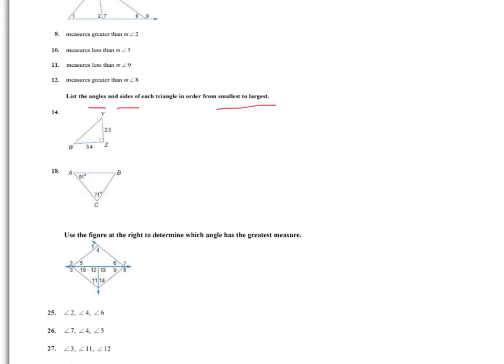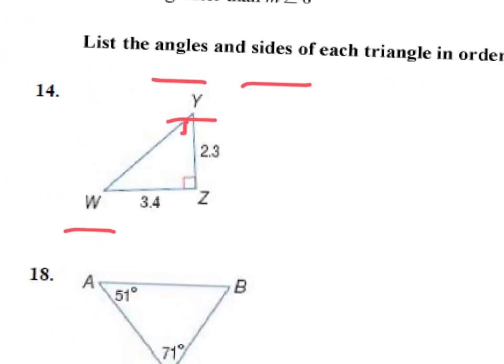Now look at number 14. We'll look at that one, at least the angles. It's a right angle, which means that W and Y must be acute or less than, because we have one right angle and we can't have more than one right angle. Well, which of those is larger? Remember, the opposite angle, let's zoom in here. This side is 2.3.